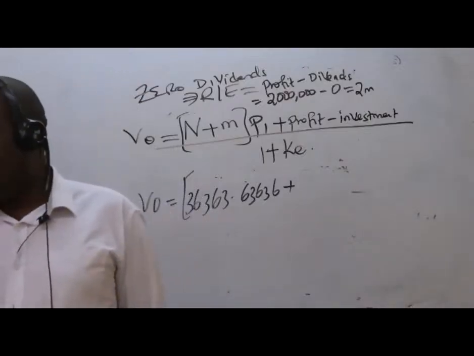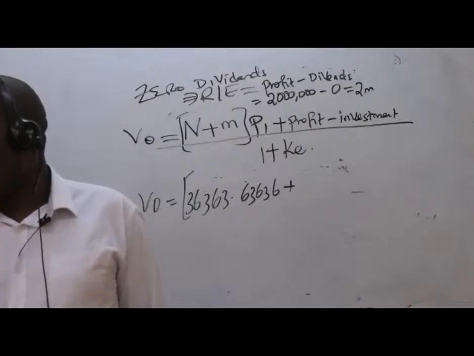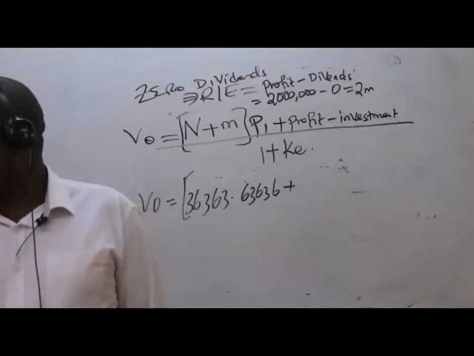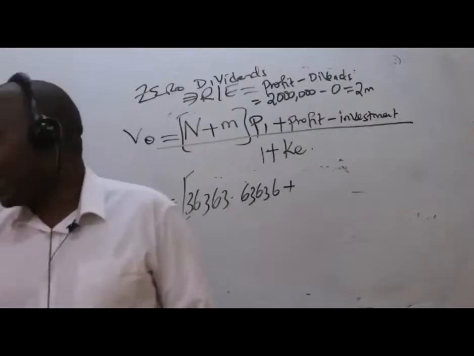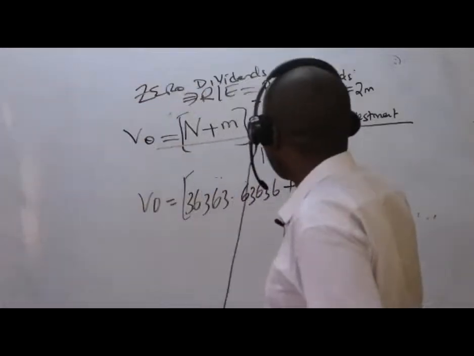Are you able to see the old number of shares somewhere? The old number of shares in the question, yes, they are right. The company currently has 200,000 shares. So what we have here will be plus 200,000.